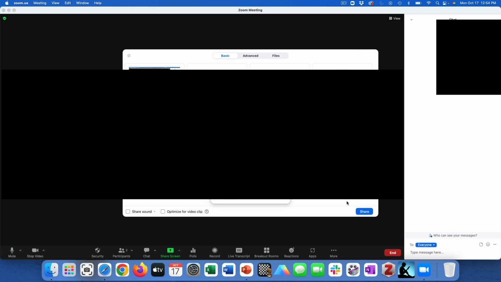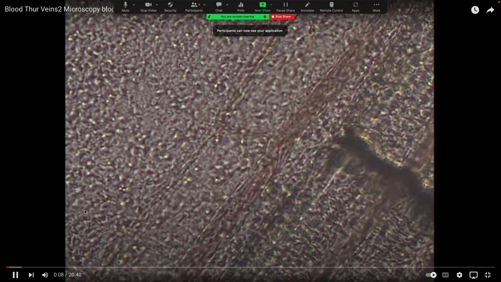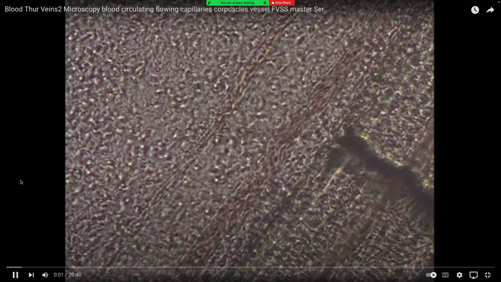All right, share screen, this one. All right, so what I want you to notice here, these are blood vessels moving blood in the mouse in real time. You can see there are a few cells outside the vessel, but you can see the general movement of those cells.